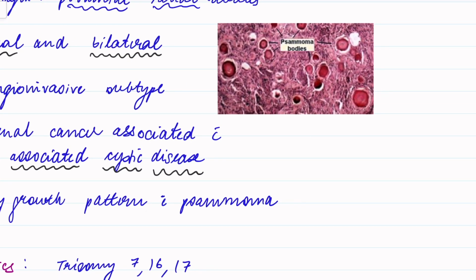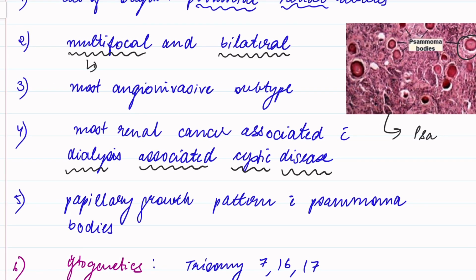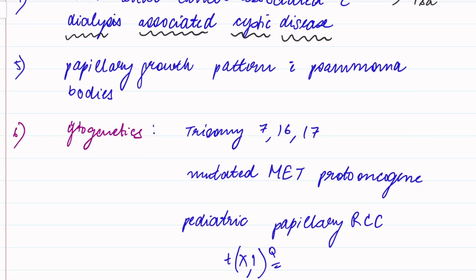You can see these are psammoma bodies. Friends, do you know what psammoma bodies are? Psammoma bodies are basically calcium deposits in the cell. They can occur after an infarction of a tissue or directly due to calcium deposition in the papillae.